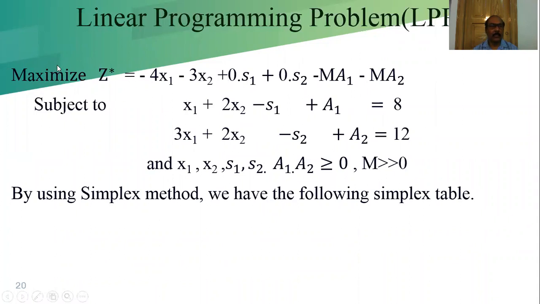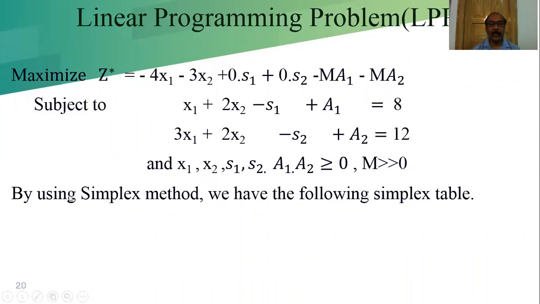Because it is a maximization problem, we subtract M times a1 and M times a2. The constraints are x1 plus 2x2 minus s1 plus a1 equal to 8 and 3x1 plus 2x2 minus s2 plus a2 is equal to 12. Now the variables x1, x2, s1, s2, a1, a2 are all greater than or equal to 0, and M is very, very large, greater than 0.